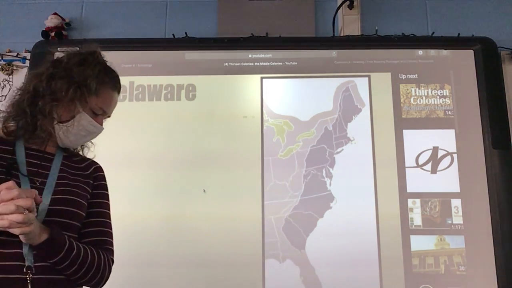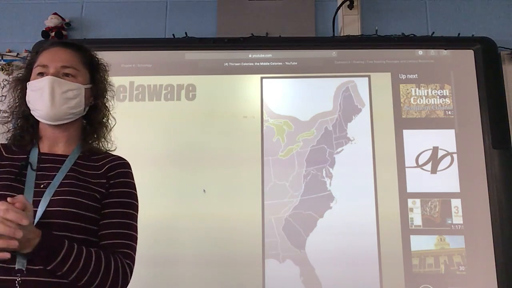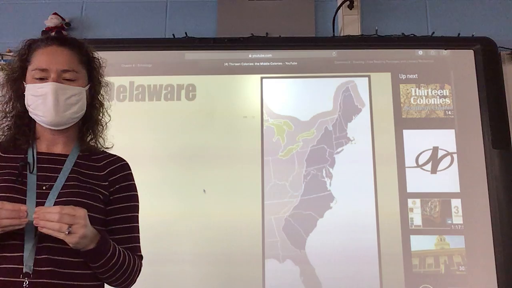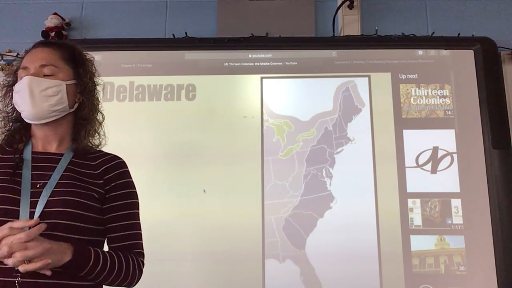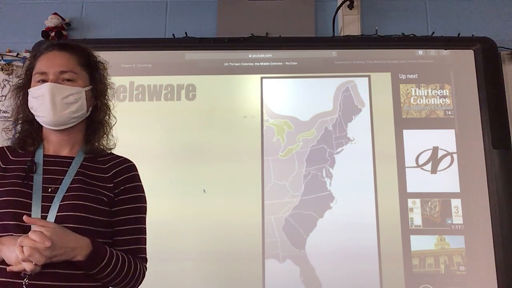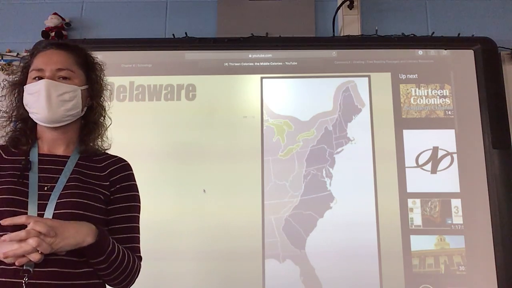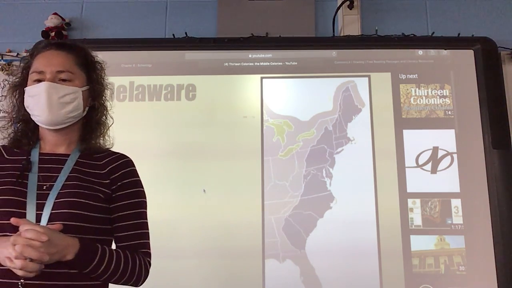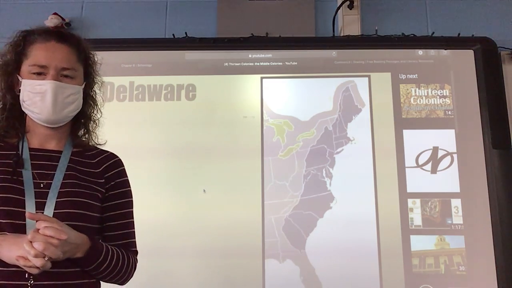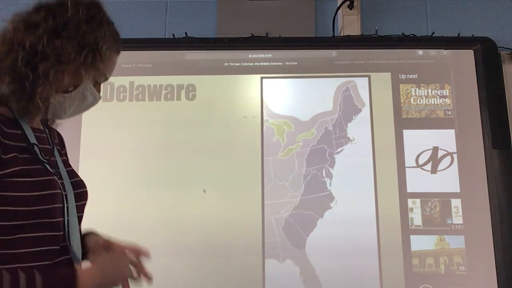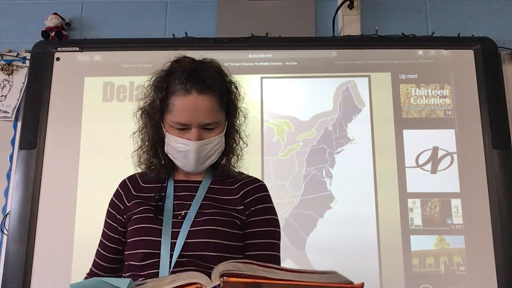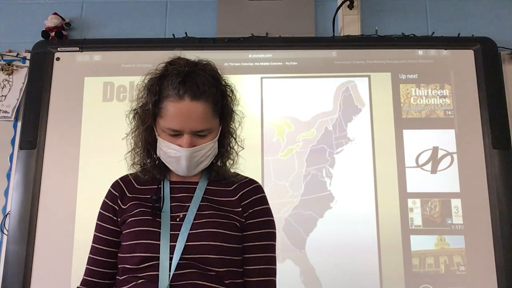You are going to have to skim and scan and see what freedoms, there's 3 of them, William Penn included in his frame of government. I'm going to wait for a few more hands. You're still looking. It's probably halfway underneath a new plan of government on page 229.